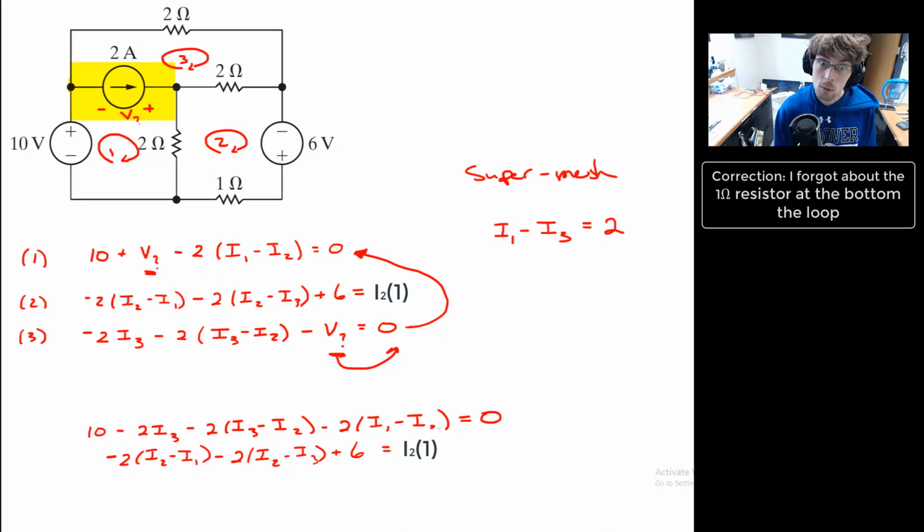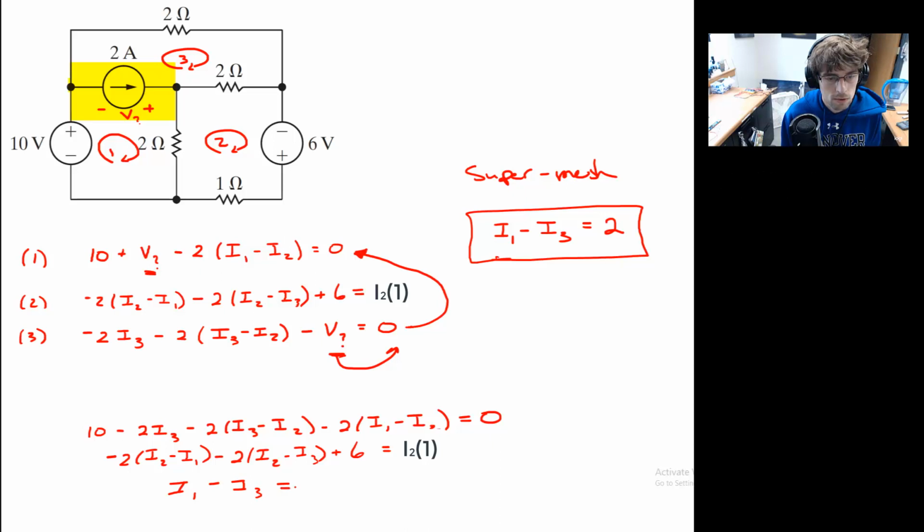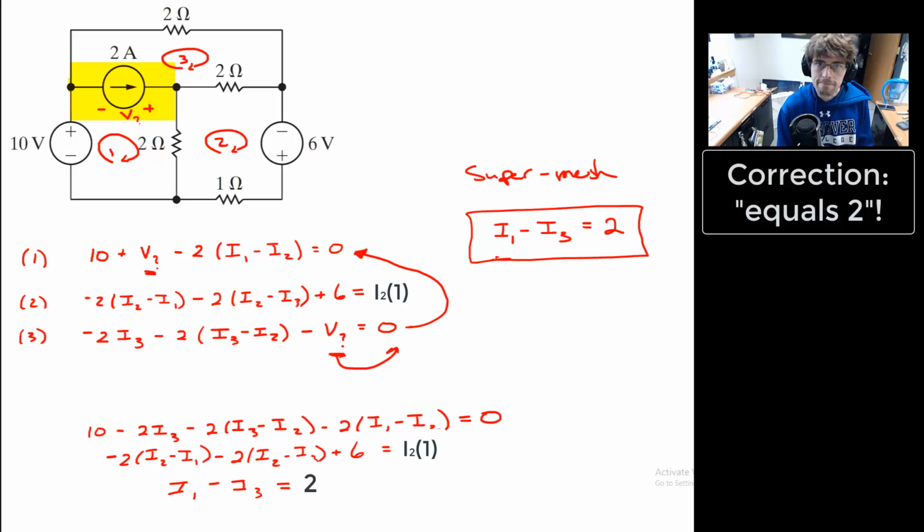So there's my third equation. I'll use the current supply to give me my relationship between I1 and I3, the difference between those two. So there's my third equation. I1 minus I3 equals 0. Go ahead.